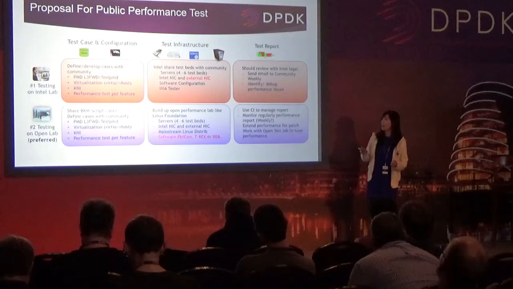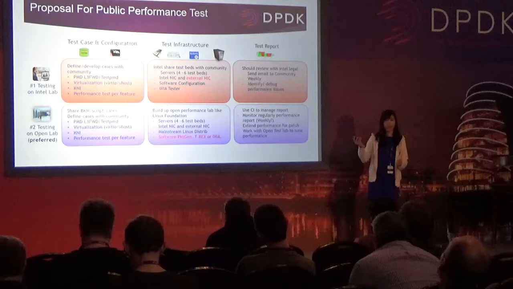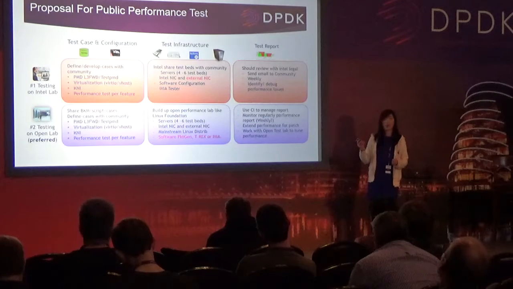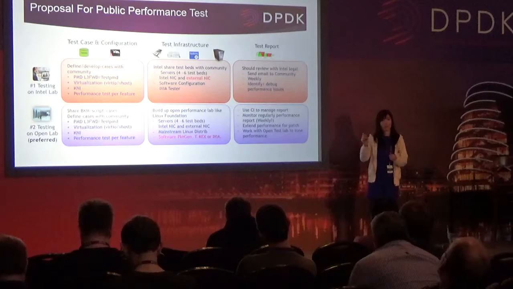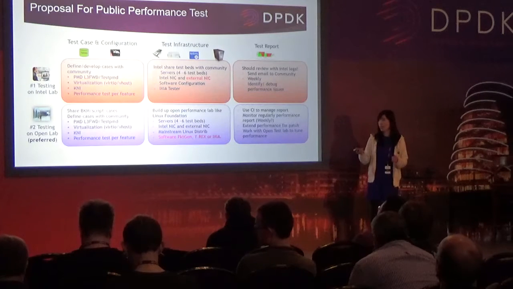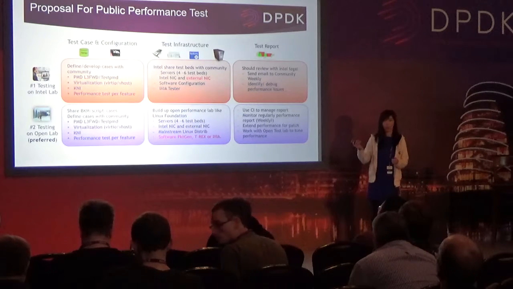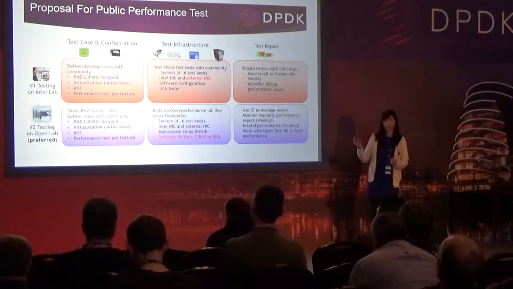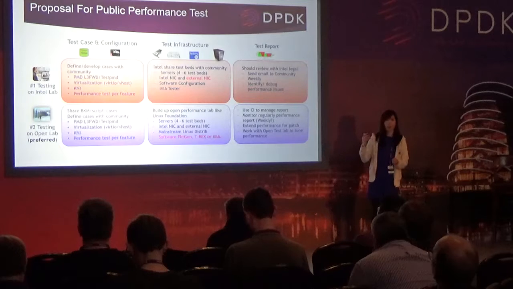automation. And as to the test infrastructure, just like the FD.io project, we can have an open performance lab where we can send all the machines to the lab, such as the traffic generator. I'm not sure about the hardware one, maybe it's too expensive, but it's very precise for performance testing.